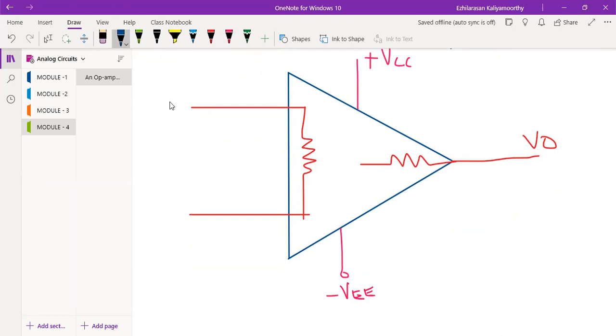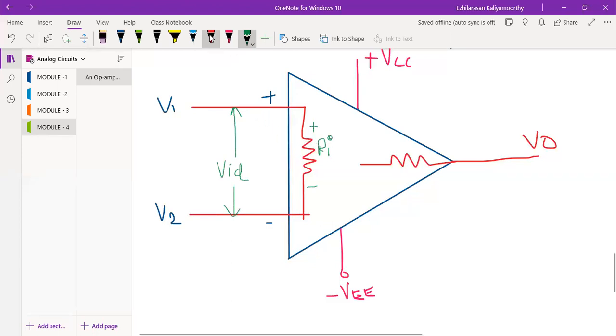Then this will be your plus, this will be your minus, meaning this is V1, this is V2. Then the difference, this I can say VID. Now here this will be plus minus, this will be Ri, meaning the input resistance.